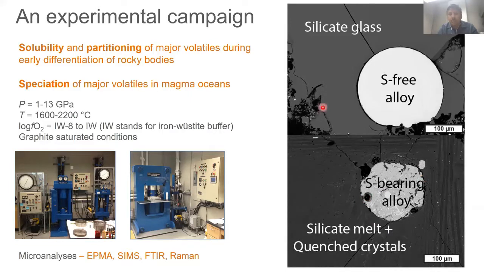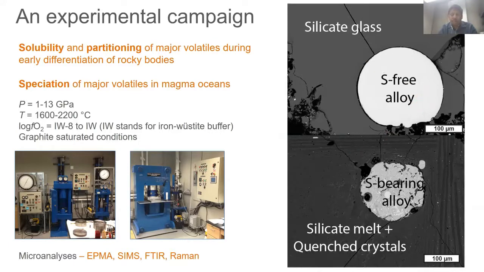These products were once at a very high temperature and high pressure, but then we quickly cooled them so that we can freeze in the chemical information that was relevant at that pressure and temperature range. And then we go in with analytical techniques to figure out how much carbon is dissolved in the silicate portion, how much carbon is dissolved in the alloy portion, and so forth.